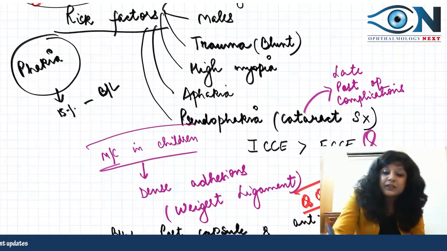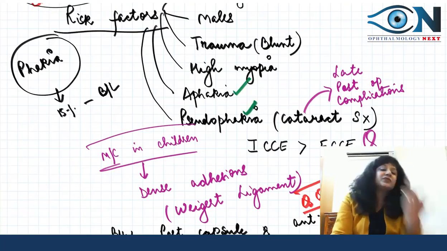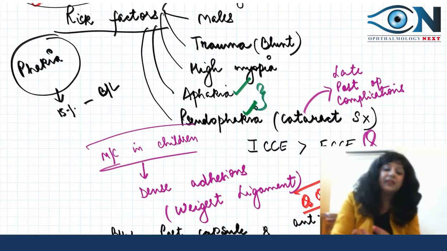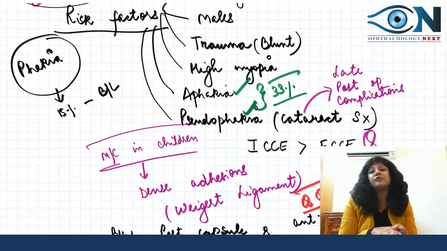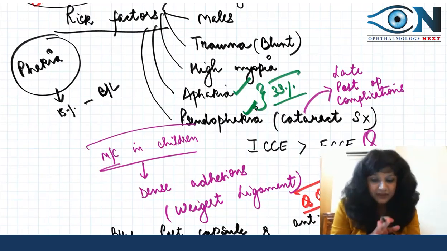But if the person has aphakia or pseudophakia, meaning there is extraction of the lens with or without implantation of the PCIOL, then it is 33%. One-third of the cases can have retinal detachment in the other eye. So that is again a very, very important thing.